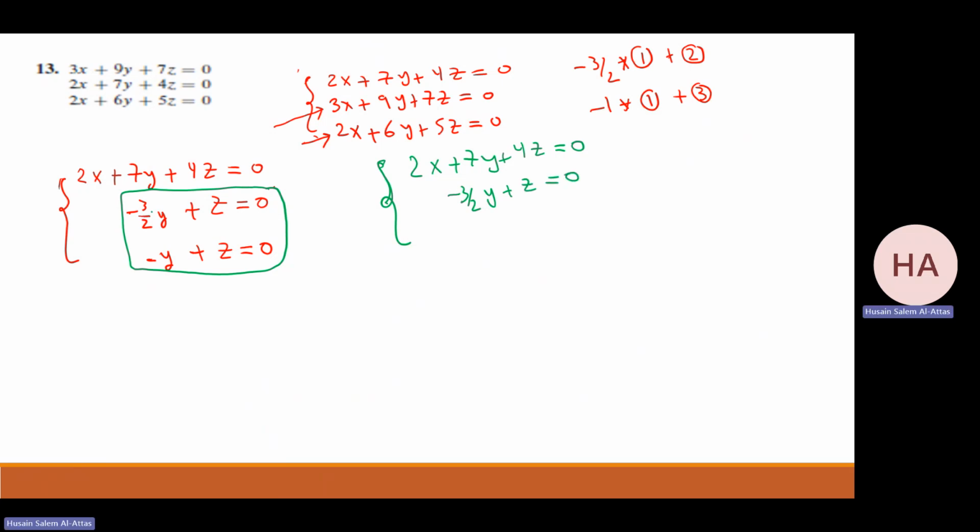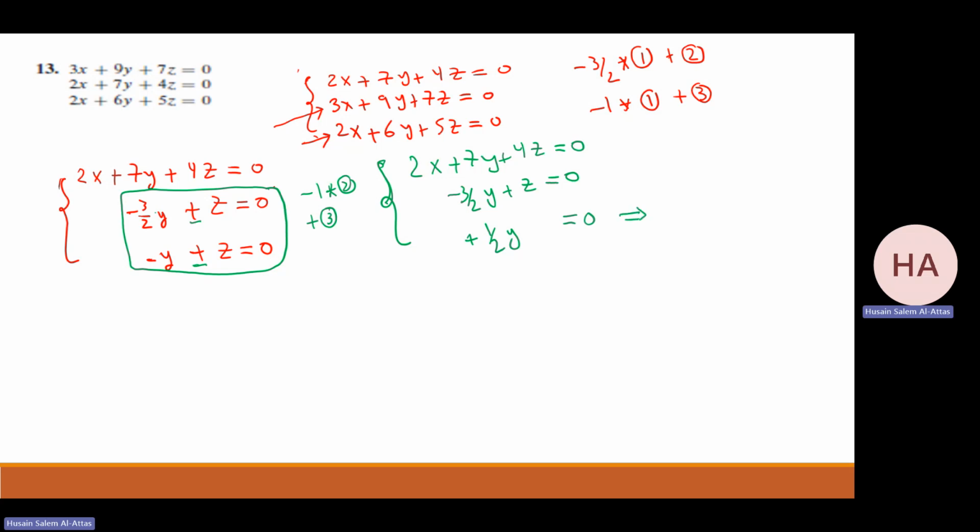Multiply by minus 1, sorry. I need to get rid of z. So I have minus 1 times the second. I add it to the third to get rid of z. So I have 3 over 2 minus 1. That will be plus half y. Z will be gone.